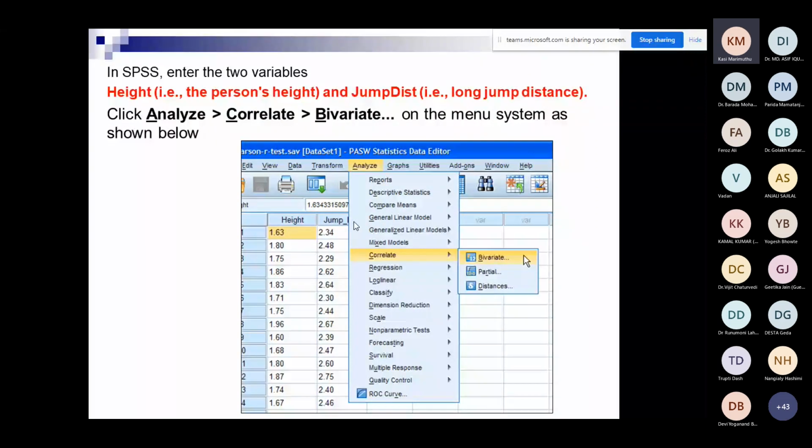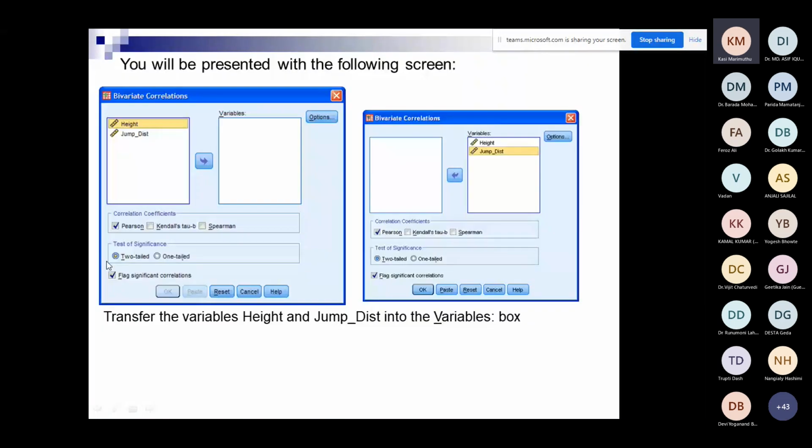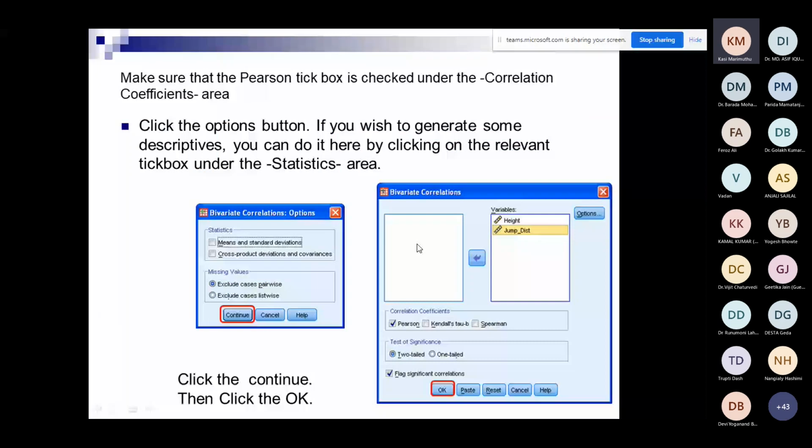Once you have entered the data, go to Analyze, then Correlate, Bivariate. In this window, transfer your height and long jump, the X and Y variables, from the left side to the right side, like this. Please check Pearson correlation. Click OK, then you will get the output.